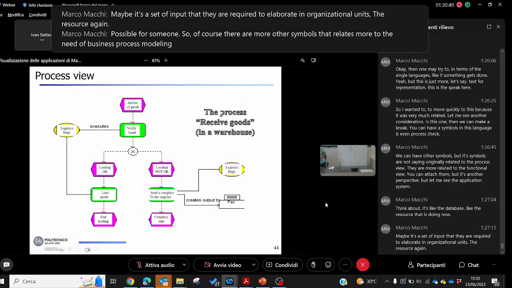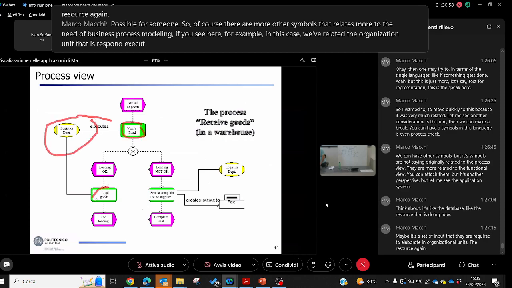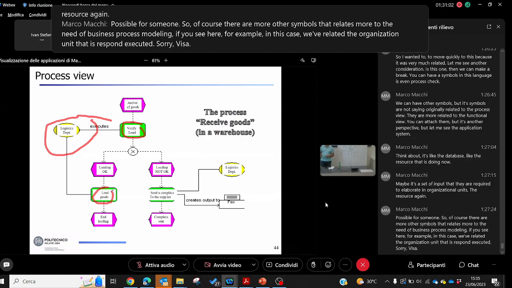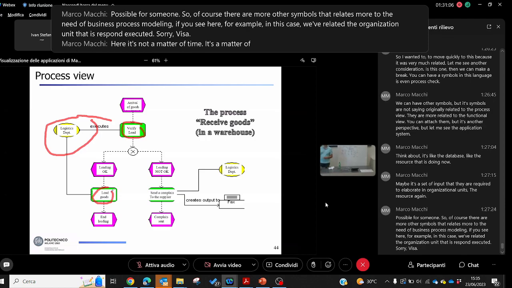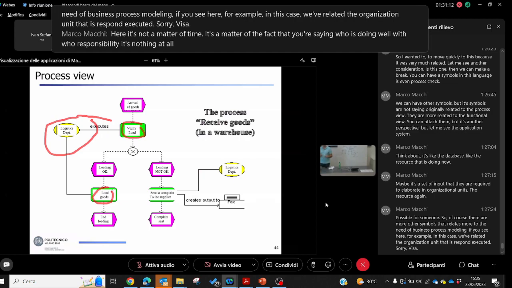If you see here, for example, in this case, we have related the organizational unit that executes this activity. Here it's not a matter of time, it's a matter of saying who is doing what, with whose responsibility. It's not a matter of time dependence.